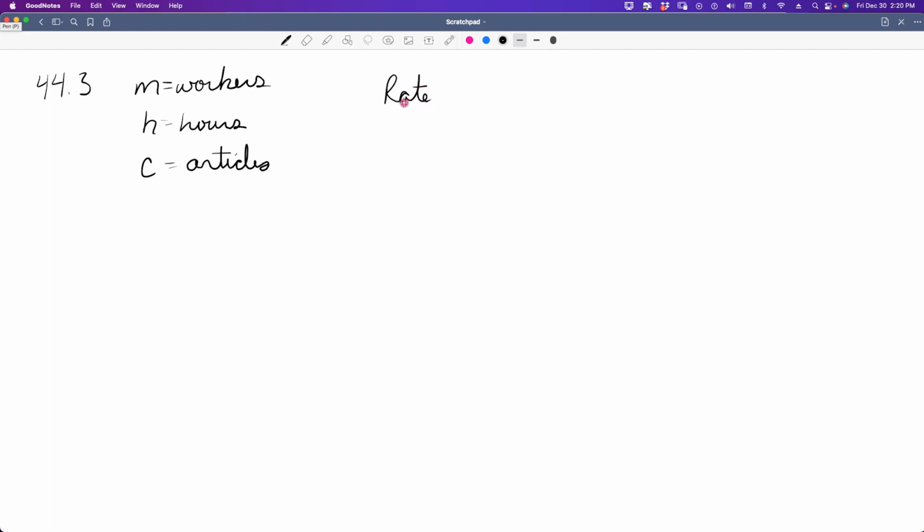And that is going to be the number of articles, the C articles, that the number of workers we have can make in a certain amount of hours. So MH is going to be worker hours. Now I know in the book this is a hyphen, worker-hours, but it's really two things multiplied times each other.